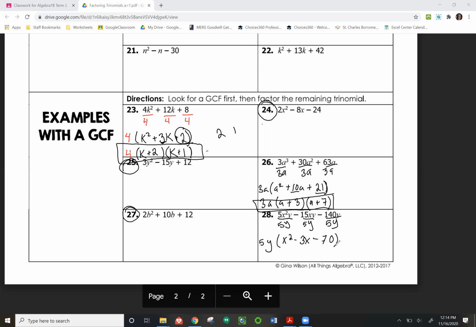Okay. All right. Now, oh, not 70. That's 140 divided by 2. I apologize. It's going to give me 35. Is that right?